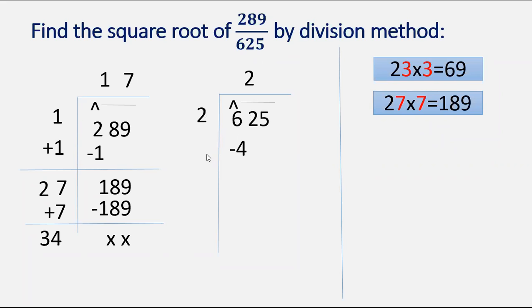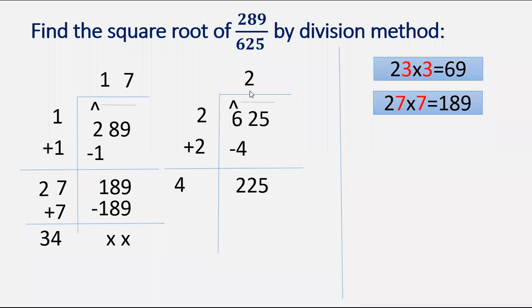Okay, now on the left hand side we are going to add 2 here. Okay, so 2 plus 2 is 4. And what about the right hand side, Bete? 6 minus 4 is 2, and the pair will be copied as it is. Now I want a number multiplied by itself here to get 225. So just check the number which is on the ones place.